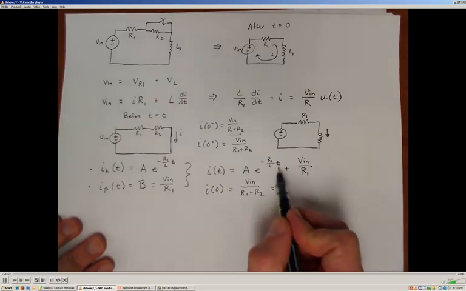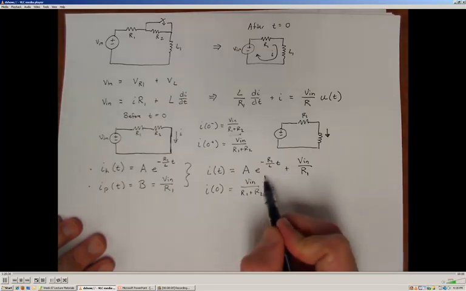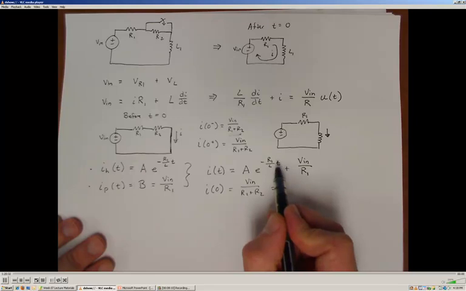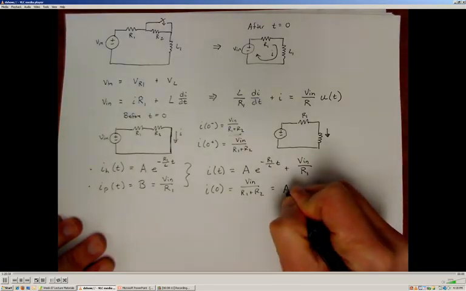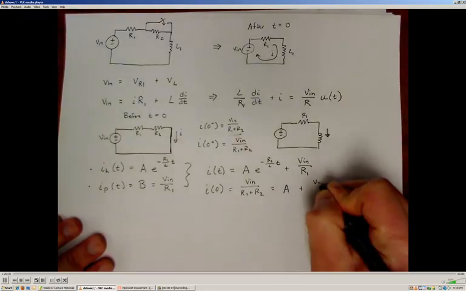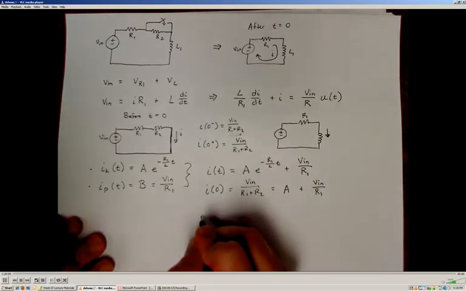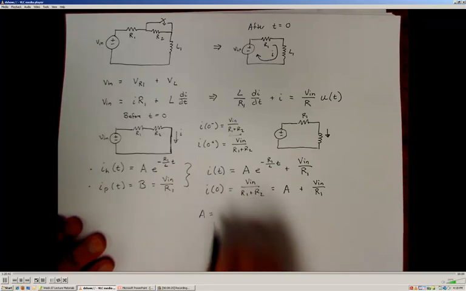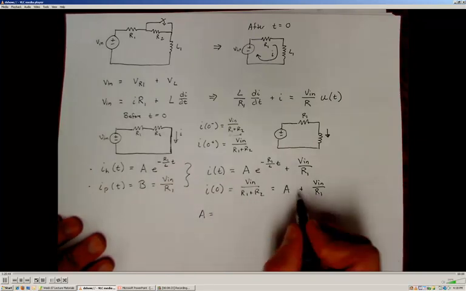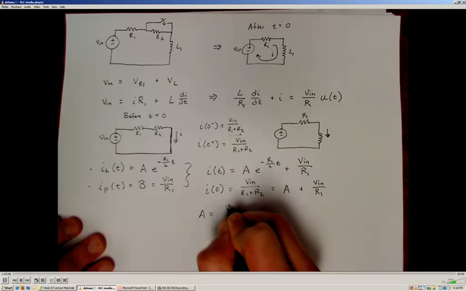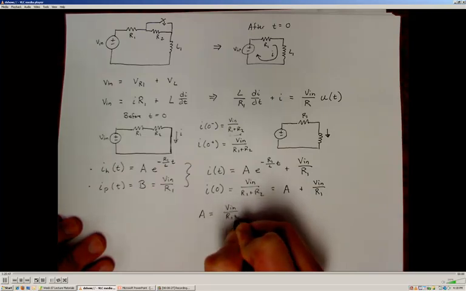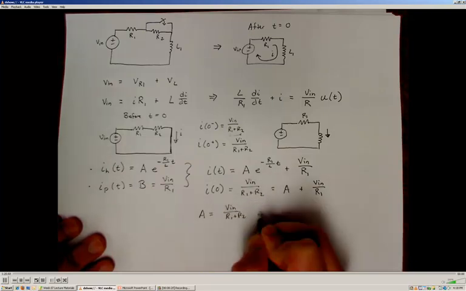If I substitute t equal to 0 in here, this exponential term is going to turn into 1. So I'm left with A plus Vn over R1. Solving for A gives me the value of the constant, which will be Vn over R1 plus R2 minus Vn over R1.